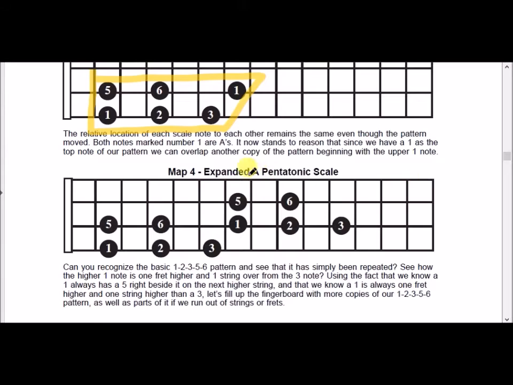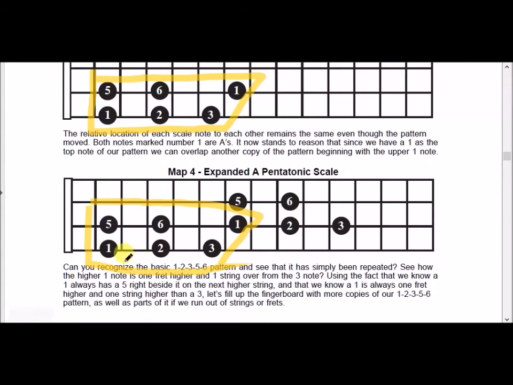Here is the A pentatonic scale, but now we've got 2 octaves shown. Here's our basic boat from the diagram above.